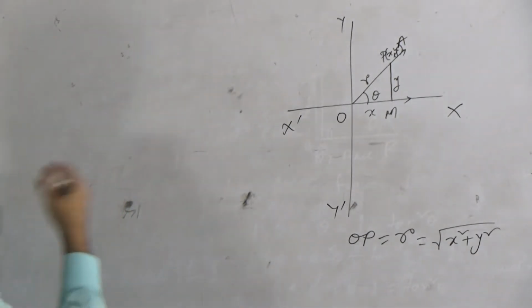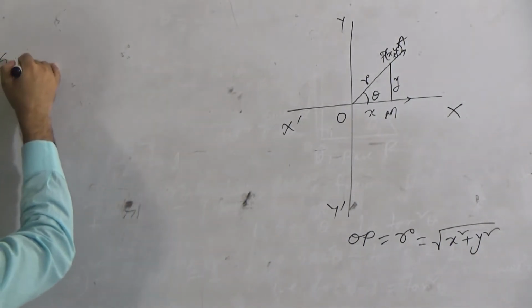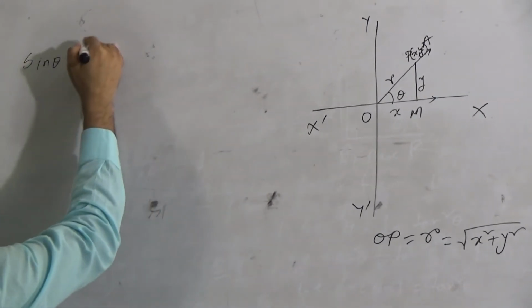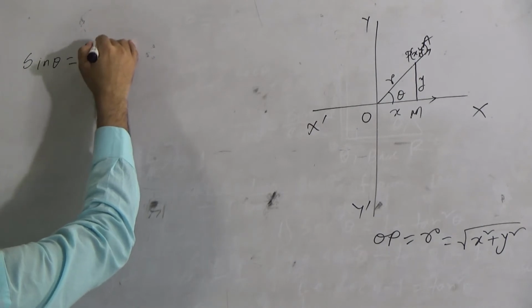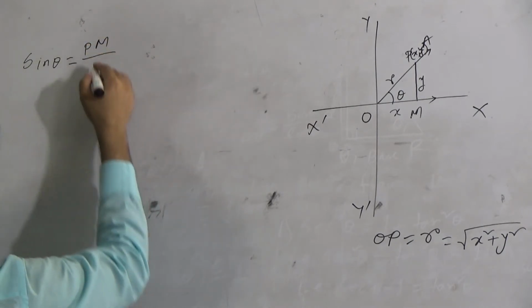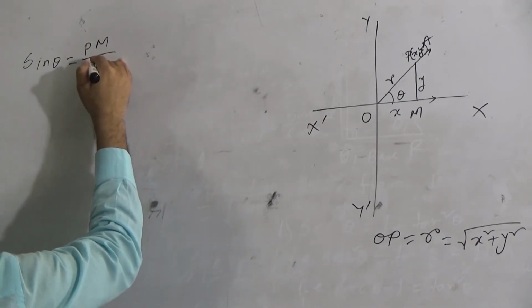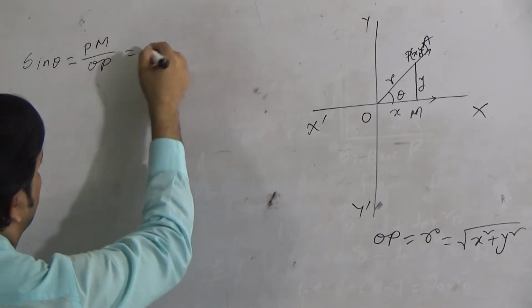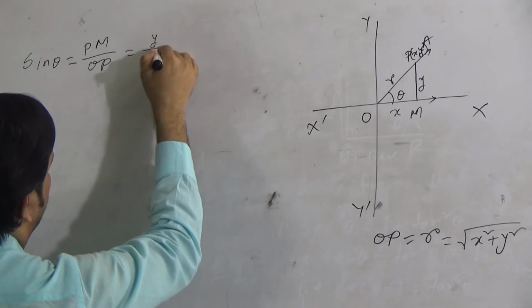So we can write here sin theta means PM by OP, that is equal to y by r.